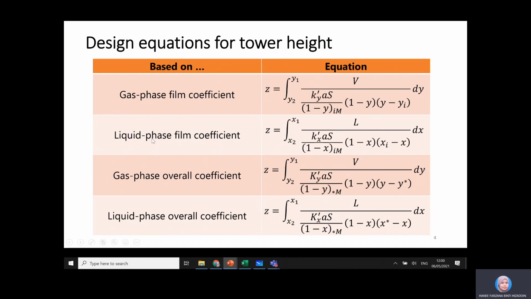For the liquid phase film coefficient, you use small kx a with xi. For the overall coefficient for the gas phase, you use capital Ky, and instead of yi, you use y star. And for the liquid phase, capital Kx, and instead of xi, you use x star. So those are the differences in the design equations to calculate the tower height for absorption and stripping towers.